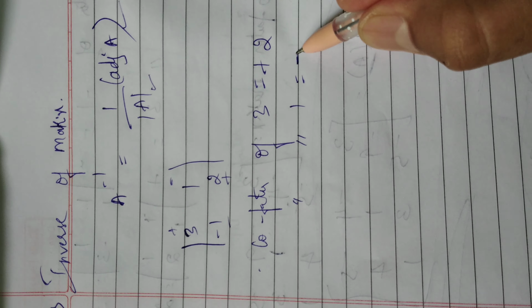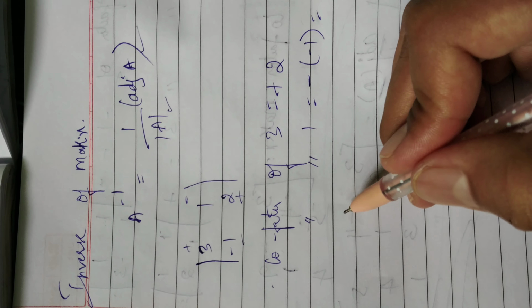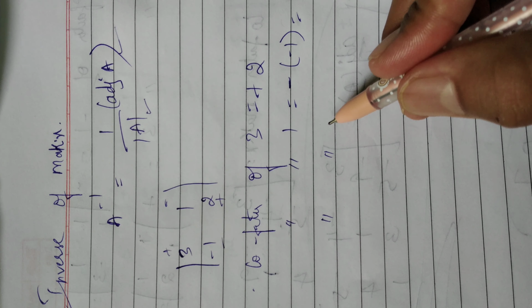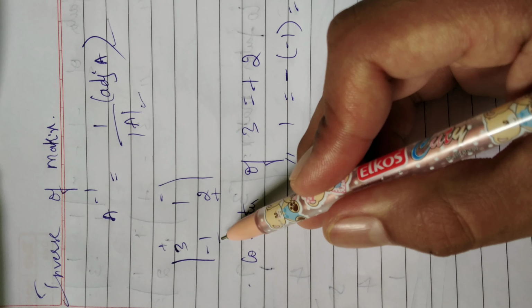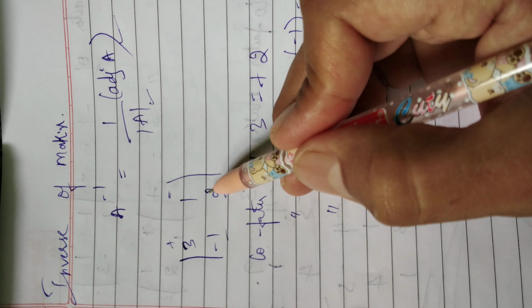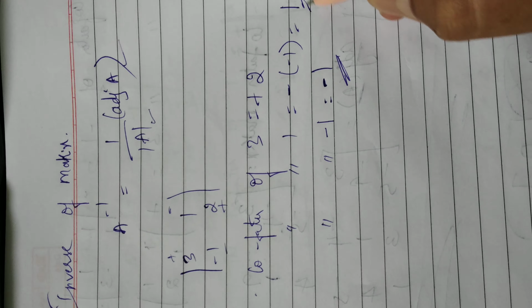The sign there is minus, so minus of minus 1 becomes plus 1. Then the cofactor of this minus 1: the sign again is minus, and cancelling the row and column leaves 1, so it will be minus 1 only.